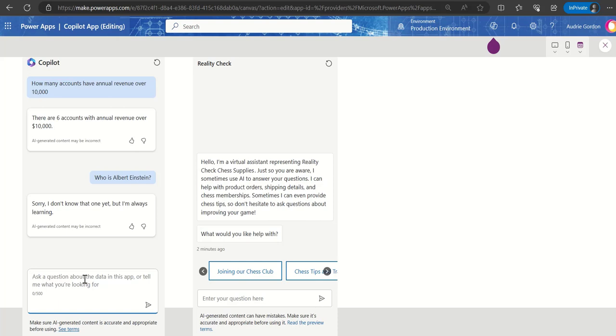Now, where you're going to see the biggest difference is, yesterday or the day before, we talked about using chatbots or Copilot Studio copilots. And these can actually take on several different personas.